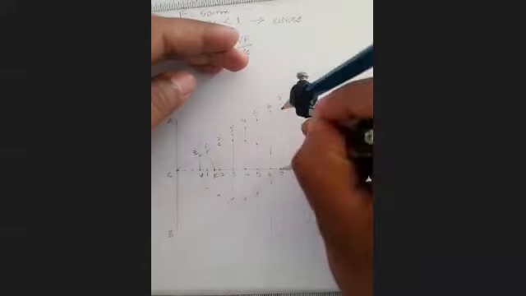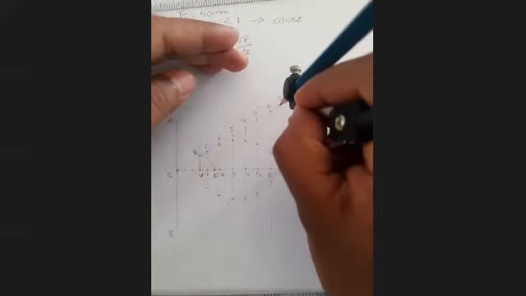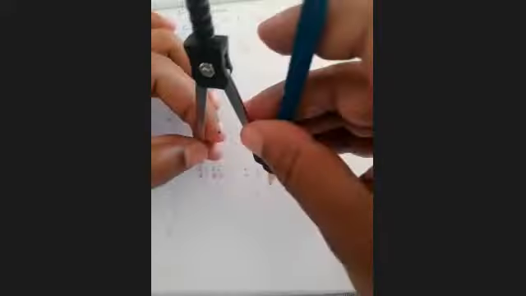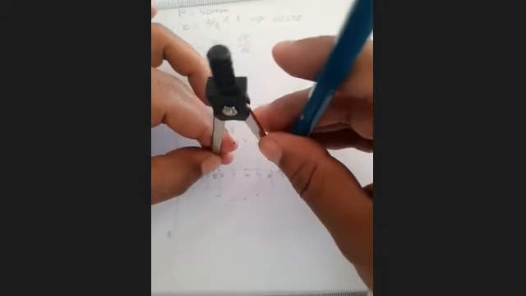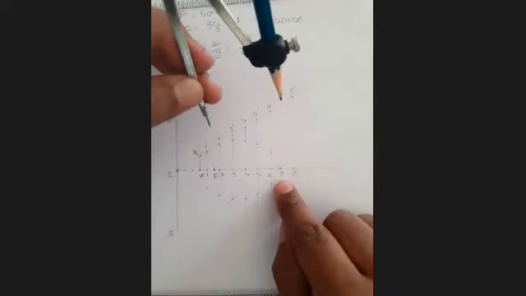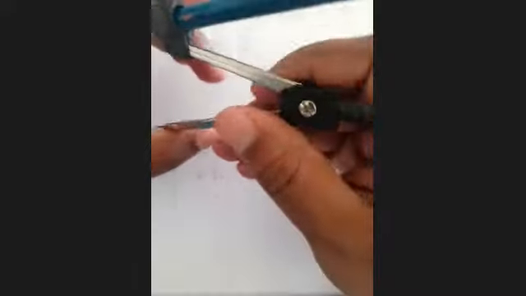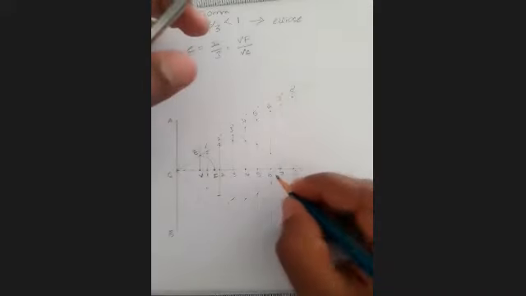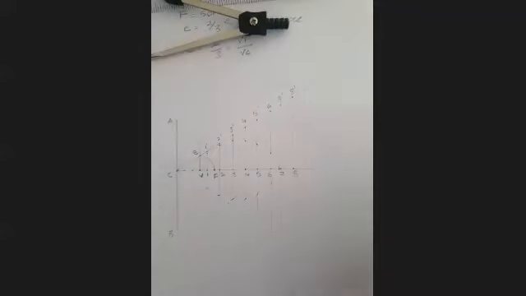Okay, next take 7 to 7 dash as radius, F as center. It is cutting here. You see, it is cutting on the axis. I'll put a point here, but there will be a little adjustment. Let us see. So I will wait till here. You also extend till that further step where it will cut on the axis.